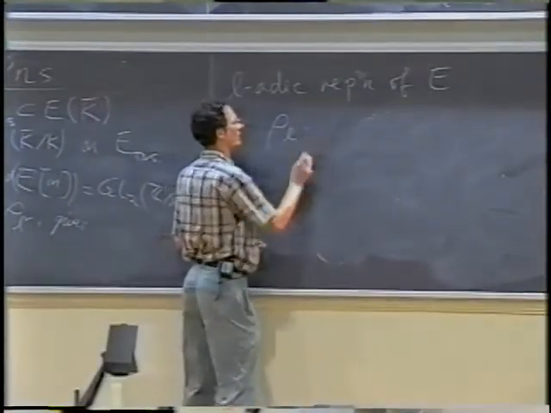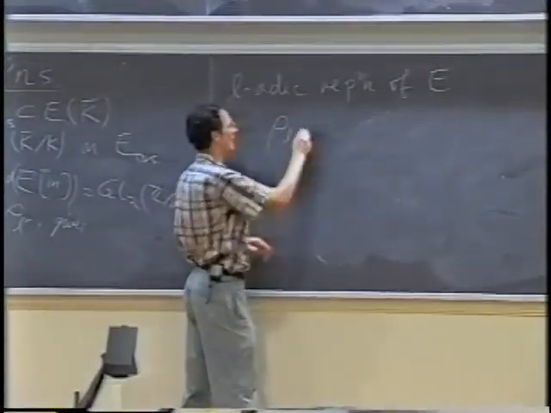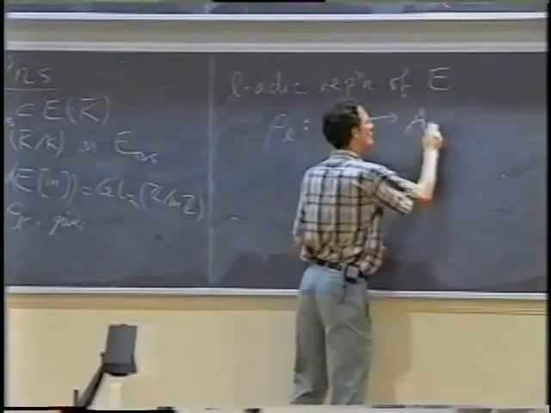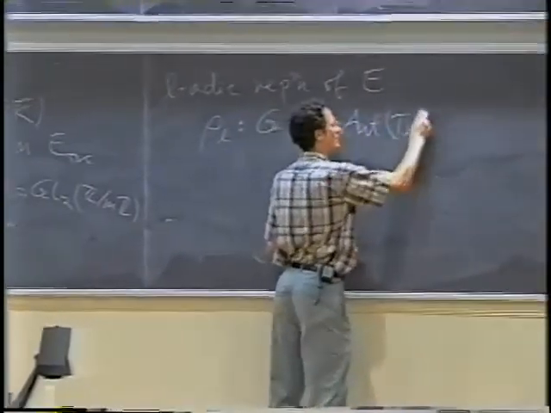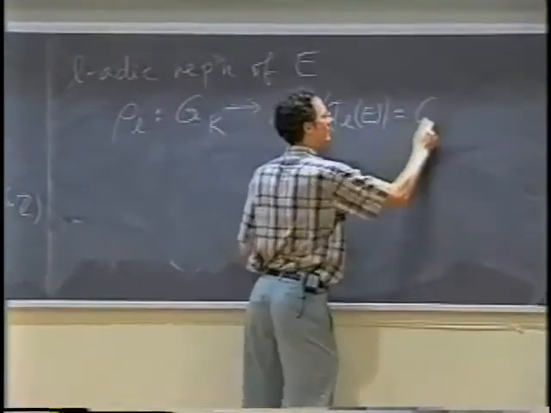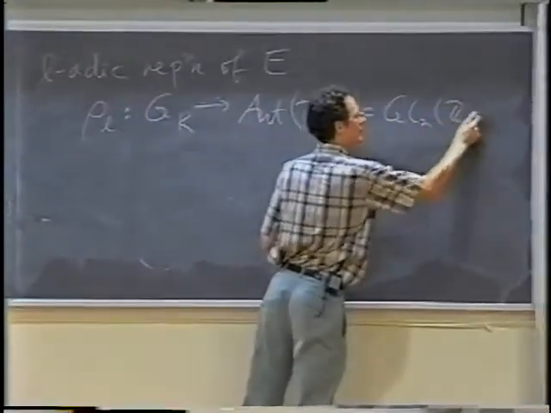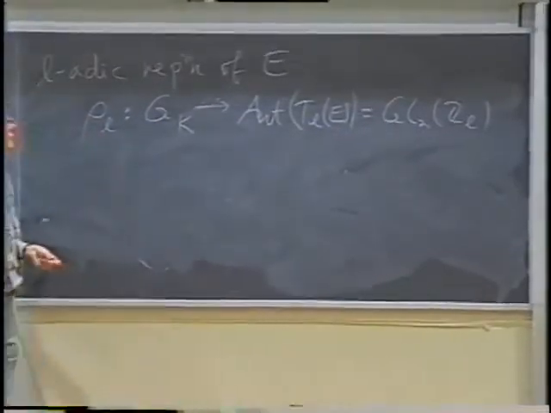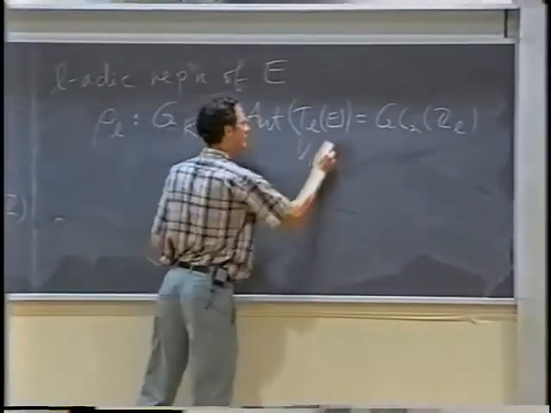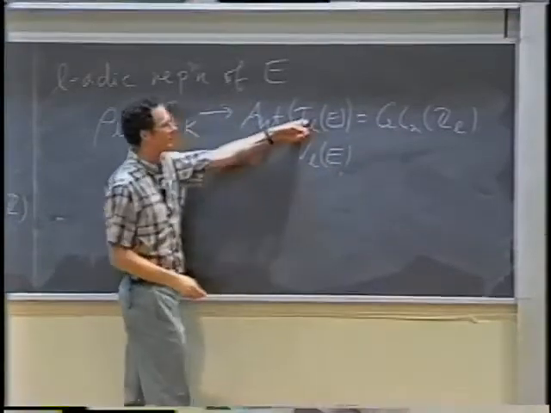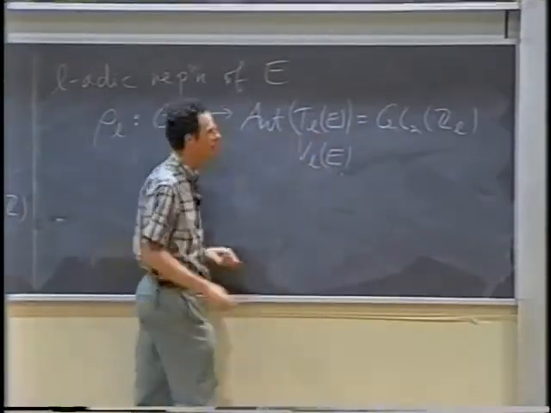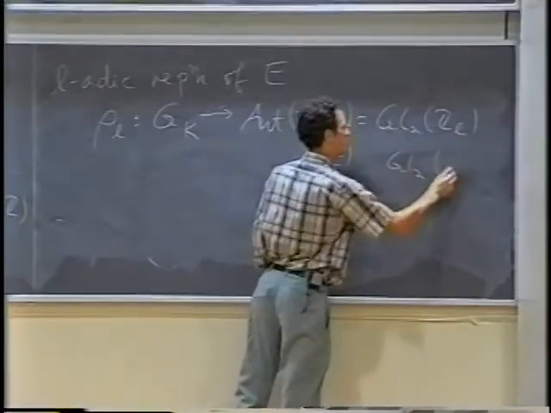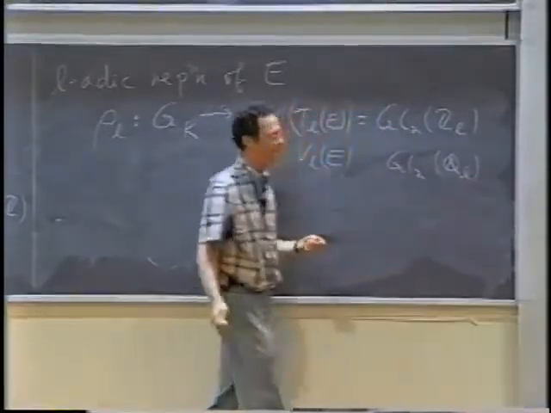Maybe I'll just write rho_L. So this would be into the automorphism group of the Tate module, GL2. And now you have L-adic coefficients. Or you could tensor this representation space by Q and get GL2 of Q_L, if you prefer.